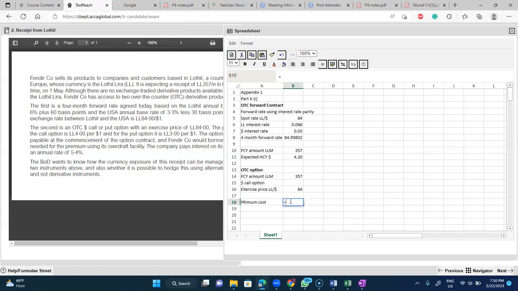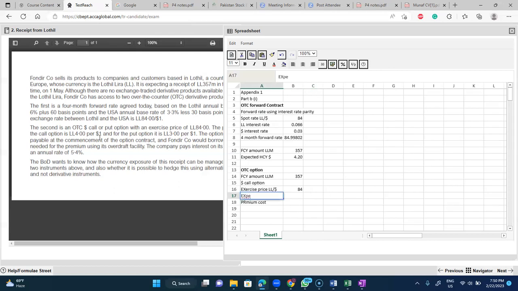So it's 357 million LL, into 4 over 357 million. That is 4 LL over dollar. 4 LL over dollar, so that means we have to convert it into dollars.